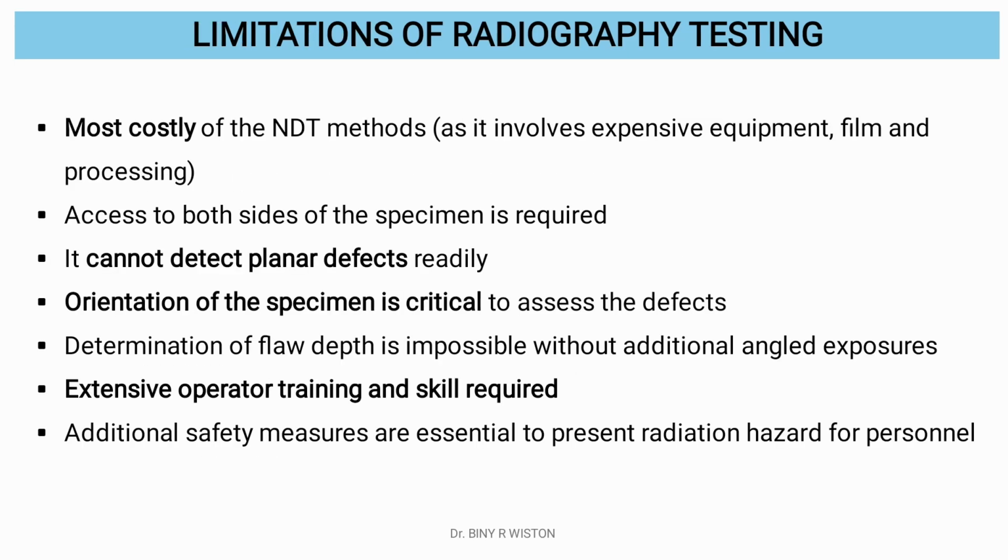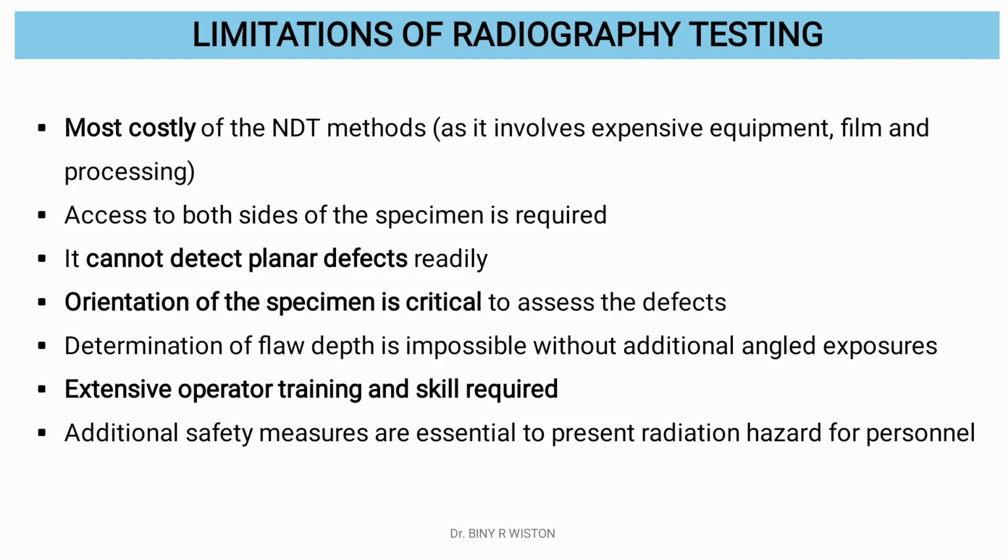The limitations of radiography testing include: it is the most costly NDT method since it involves expensive equipment, film, and processing. Access to both sides of the specimen is required. It cannot detect planar defects readily.